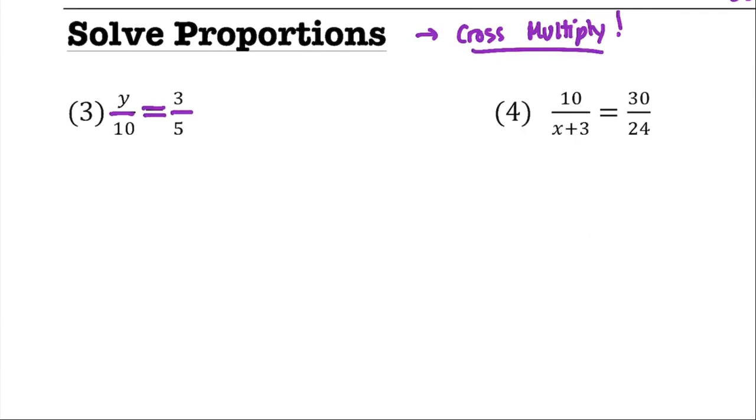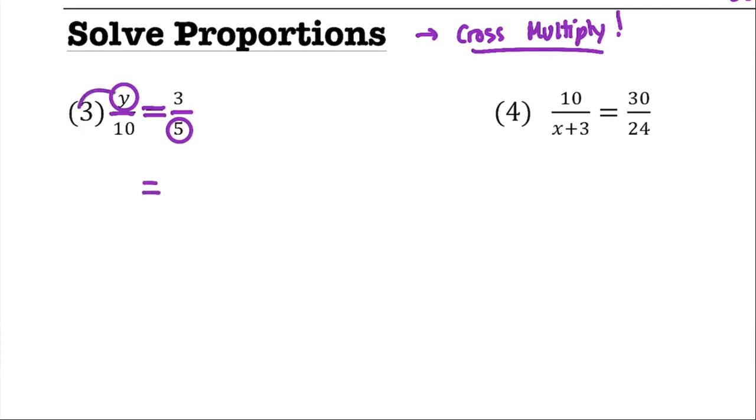So when we look through this, the process of cross multiplying basically means we take the numerator of one side and multiply it by the denominator of the other side. In this case, the equal sign is going to stay.